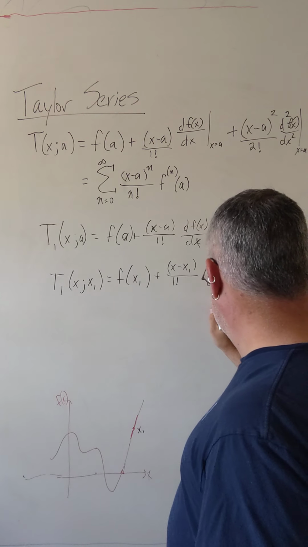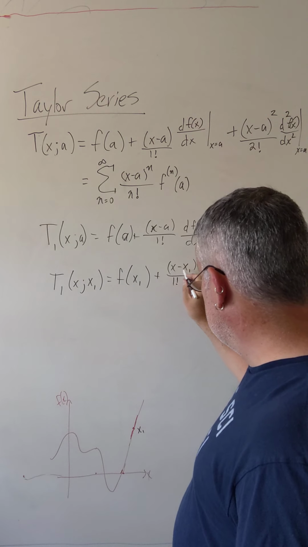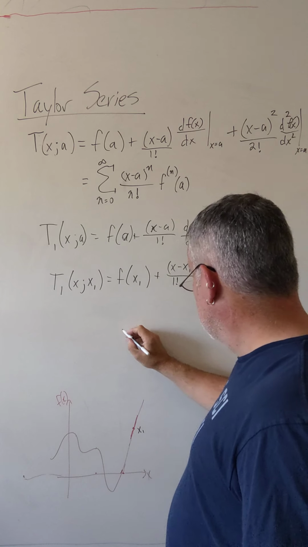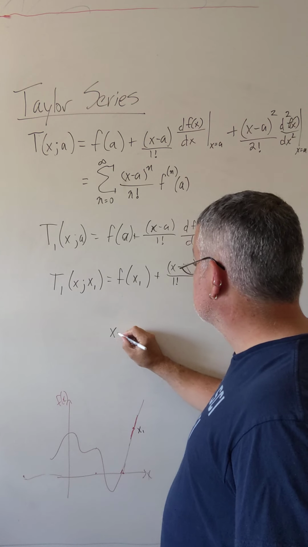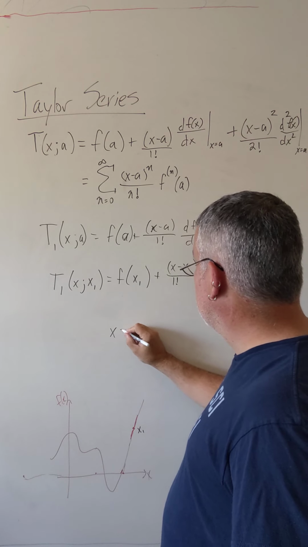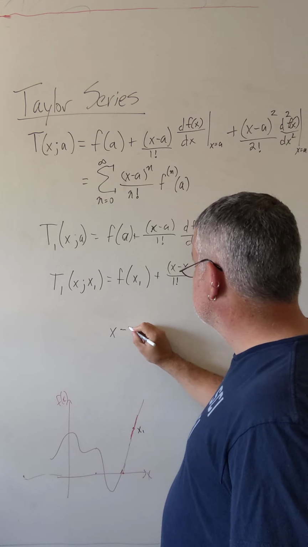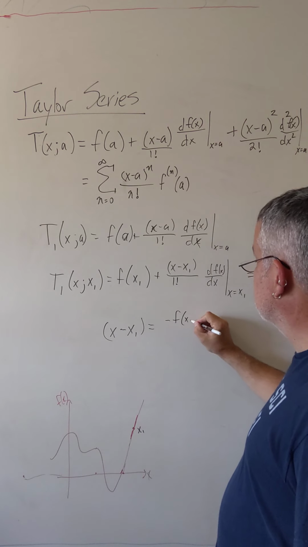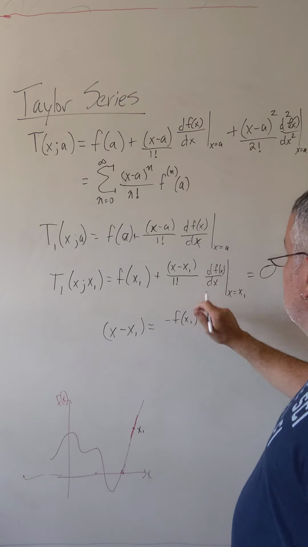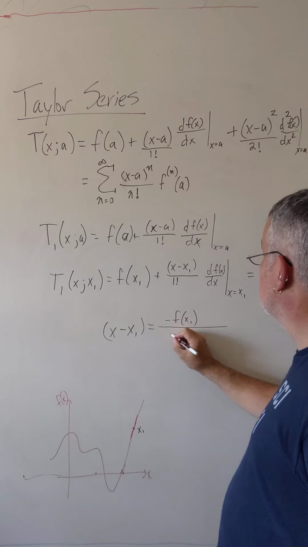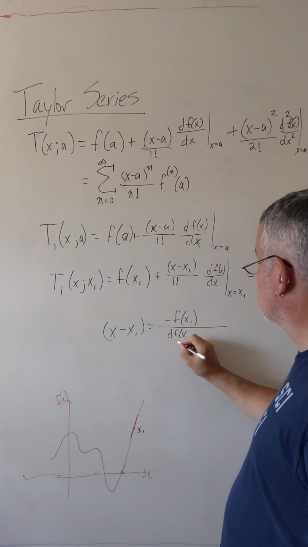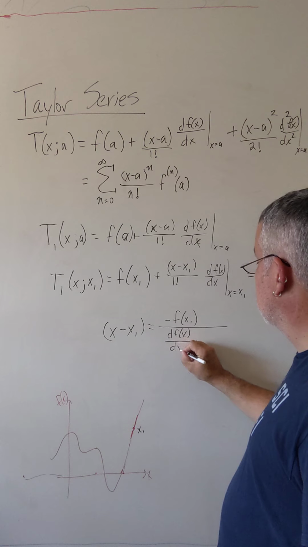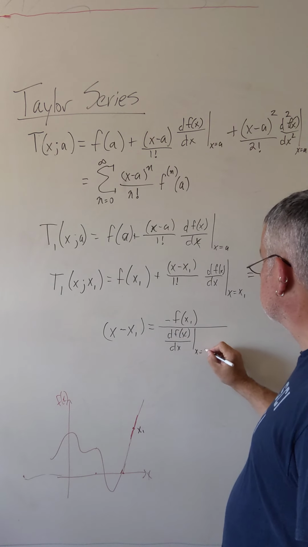Now we have the x hiding in here, here's an x1, here's an x1. So we have x minus x1 equals, first I would bring this over to the other side, minus f of x1, and then I would divide by df dx evaluated at x equals x1.